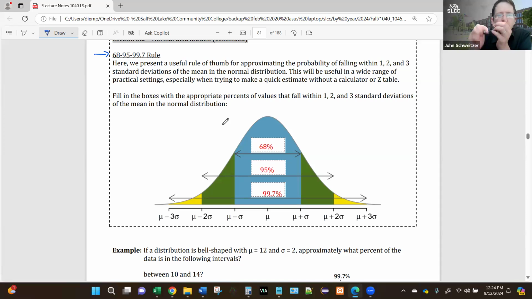And it's quite the name. It's called the 68, 95, 99.7 rule. It's not the most elegant name for a rule, but we like that because you memorize the numbers. Many texts will call this the empirical rule.